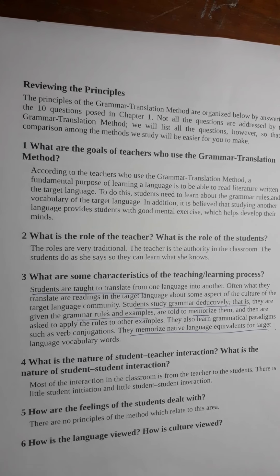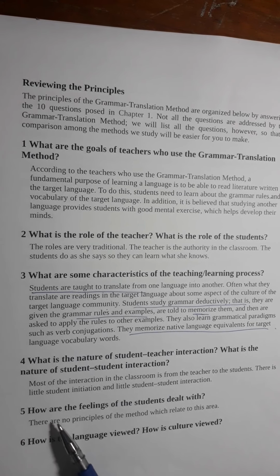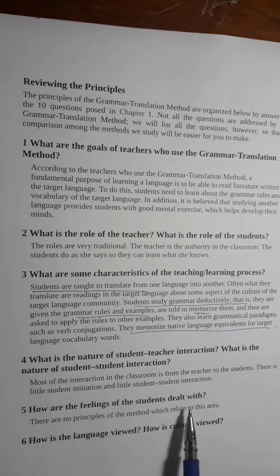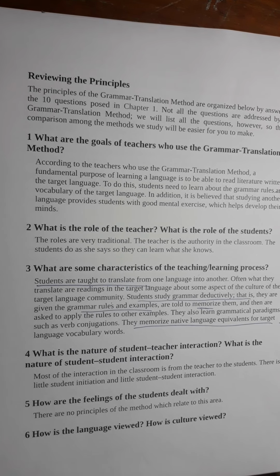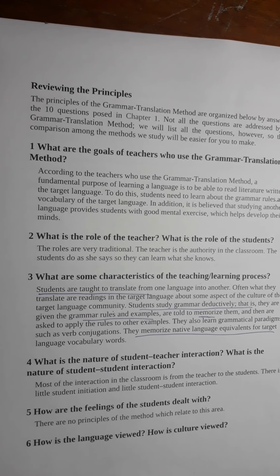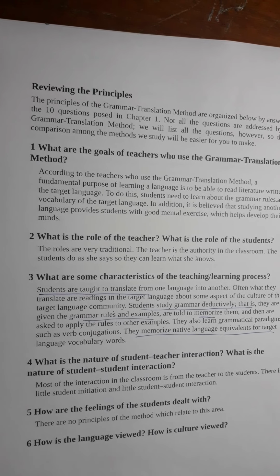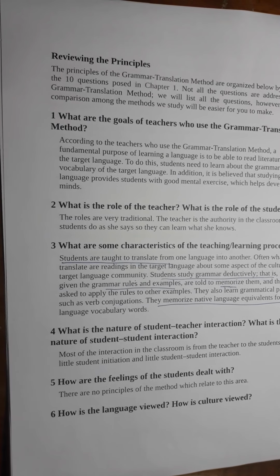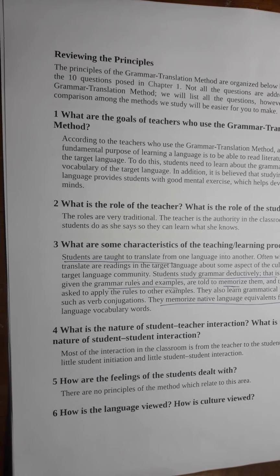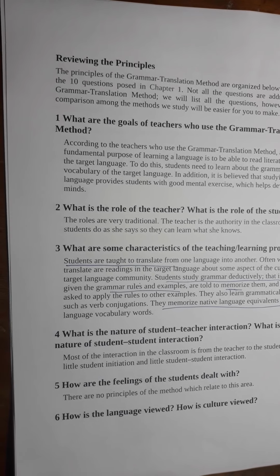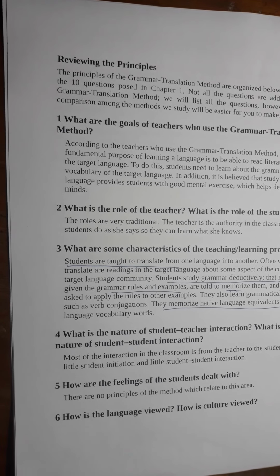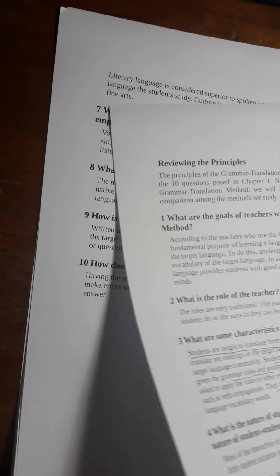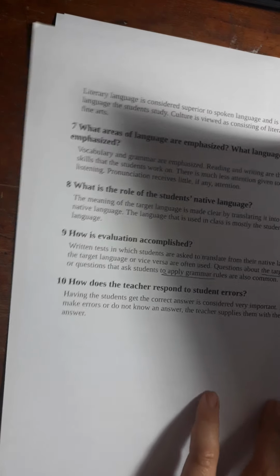Item number 5 is related to how the feelings of the students are dealt with. Nothing is mentioned about this idea in relation to the grammar translation method, so we will move directly to item 6. How is the target language viewed and how is culture viewed? We mentioned many times that the target language is the language of literature.